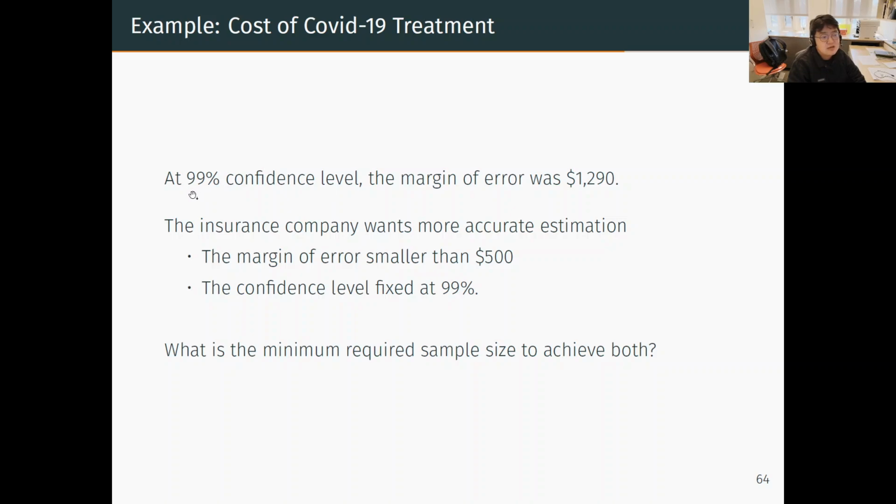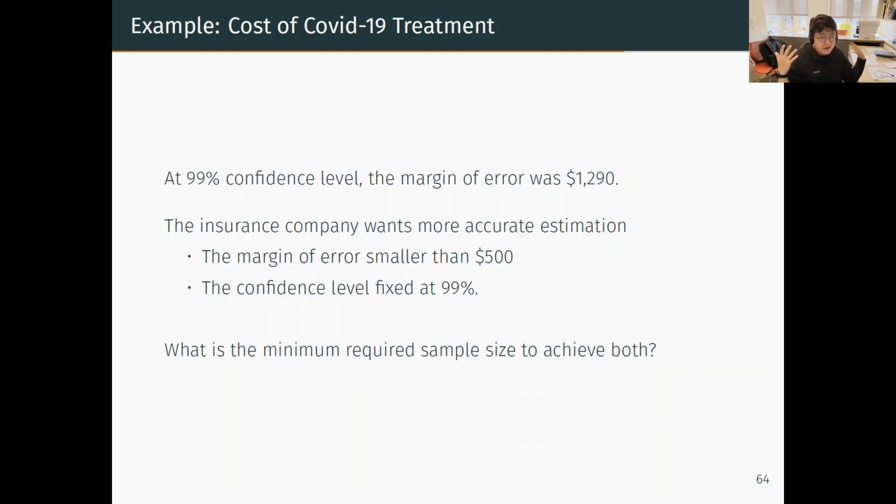What we just saw is the insurance company wanted a 99% confidence level and obtained a margin of error of 1200, nearly $1,300. But the insurance company was not satisfied. A high confidence level is okay, but the margin is too large. It's not easy to make a decision based on this wide margin, right?